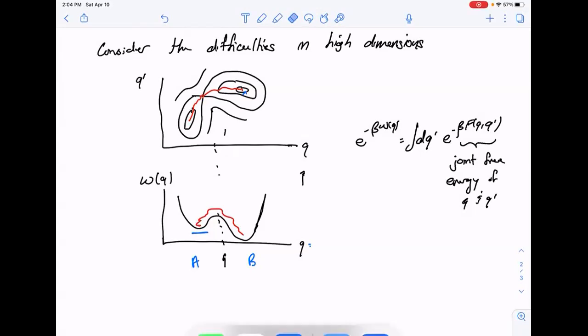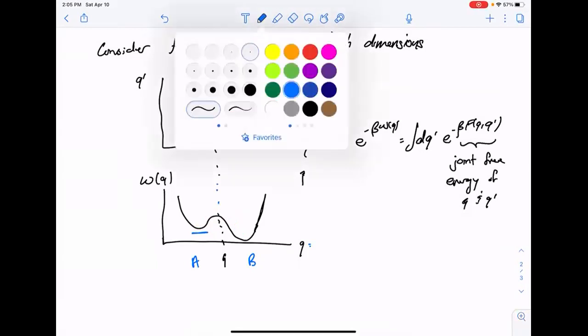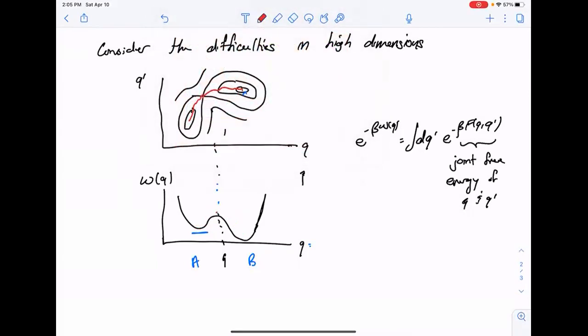To understand this a little bit more, consider our reactive flux calculation, the flux side correlation function. If I started at the top of the barrier and only knew about Q, I might imagine that with equal probability, I could go left or right.